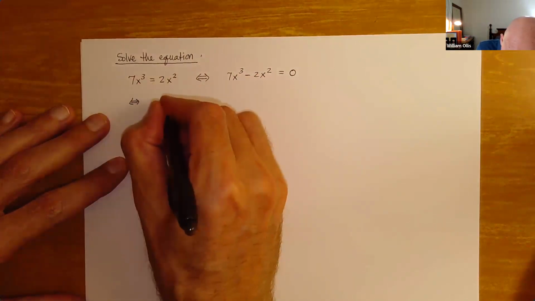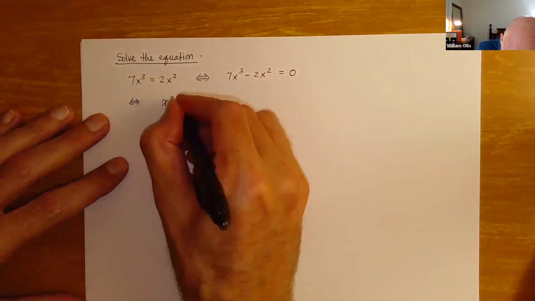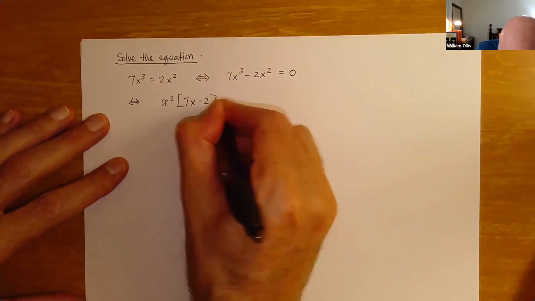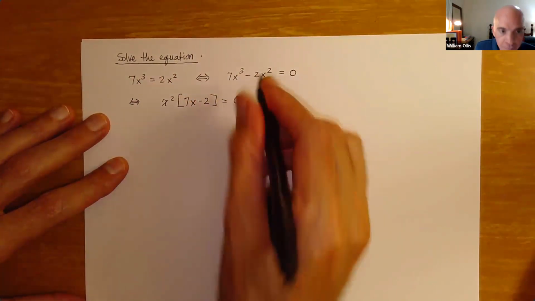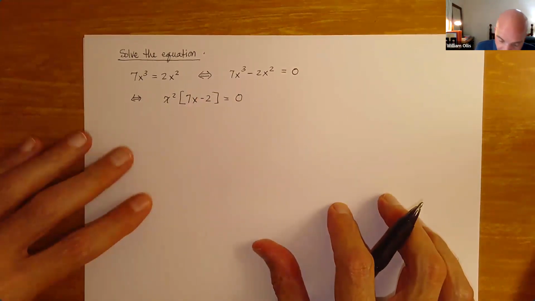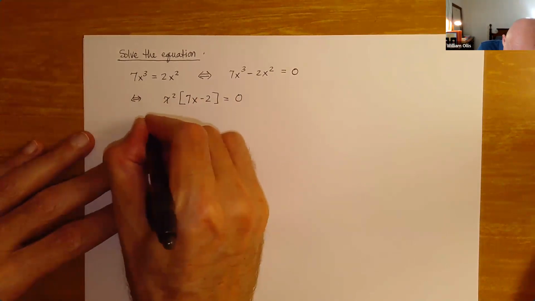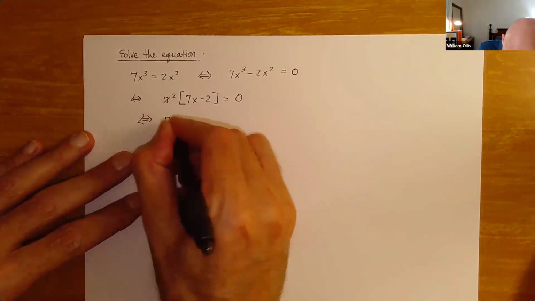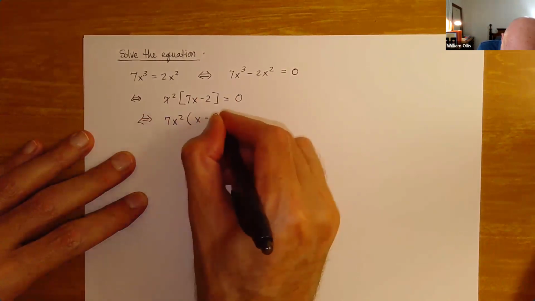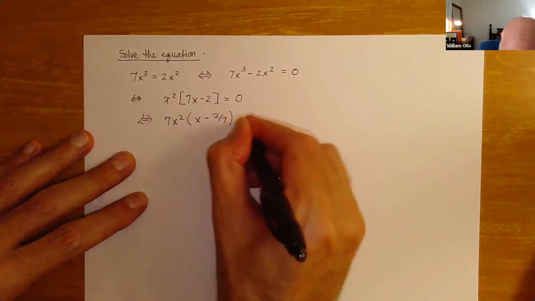So we have x squared times 7x minus 2 equals 0. And now, just to make it simple, let's just go ahead and factor the 7. So we have 7x squared times x, and of course, divide the 2 by 7 equals 0.